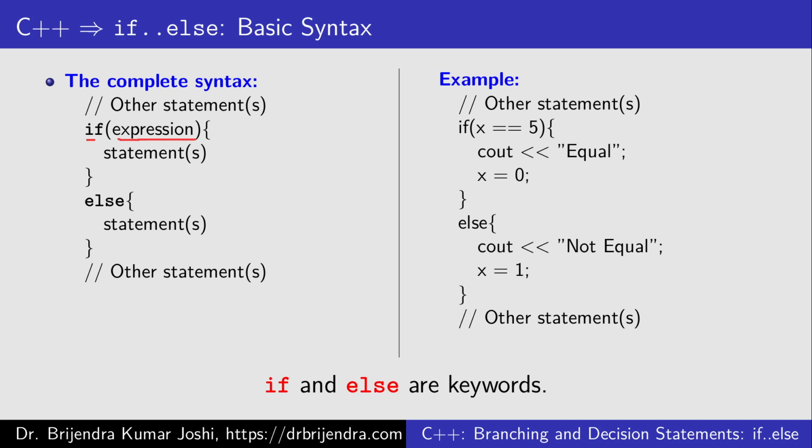If it evaluates to 0, then only it will be treated as false. Otherwise, it will be treated as true. So if this expression evaluates to true, these statements would be executed. Otherwise, these statements will be executed.